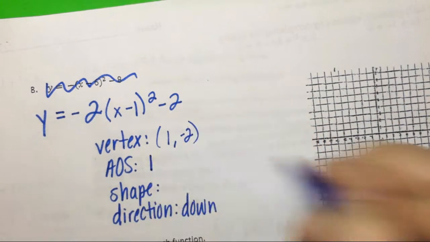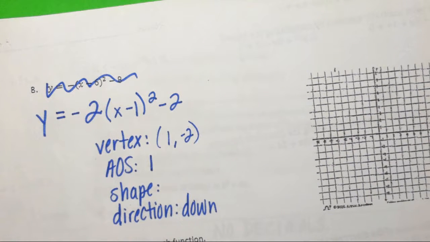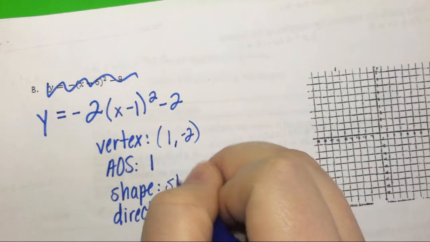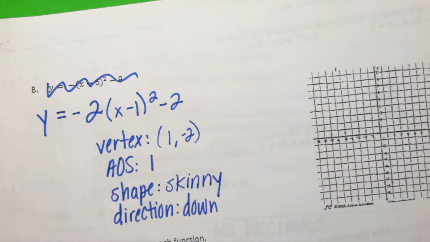My axis of symmetry is 1. What about that shape? Yeah, so we were going to say it's stretched if you're going to be mathy on me. Seriously fine if you wanted to say skinnier. That 2 is seriously going to just make my graph used to look like a normal U. Now we're going to look a little skinnier. Kind of nice. Wish we could just all be multiplied by 2 and just get a little skinnier.